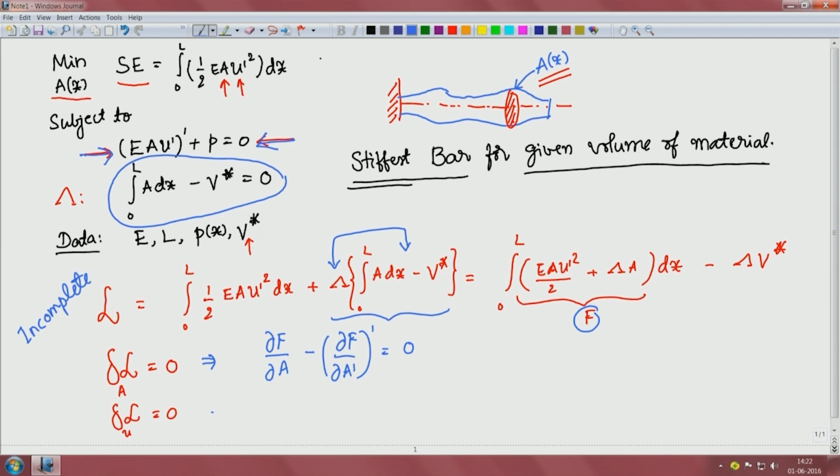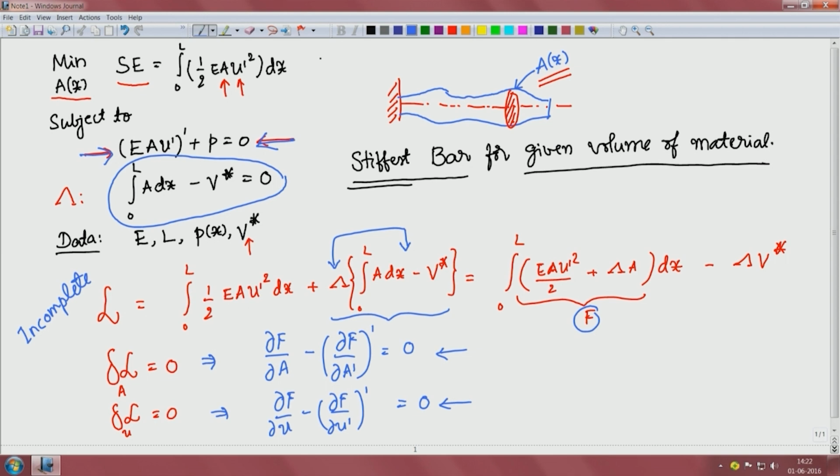This gives us one equation, and similarly if I take with respect to u, dou f by dou u minus d by dx of dou f by dou u prime, and if there were a u double prime, you will also add that, equal to 0, you get differential equations. One equation to solve for A, another equation to solve for the adjoint variable that we would introduce, and we will find out what that is.